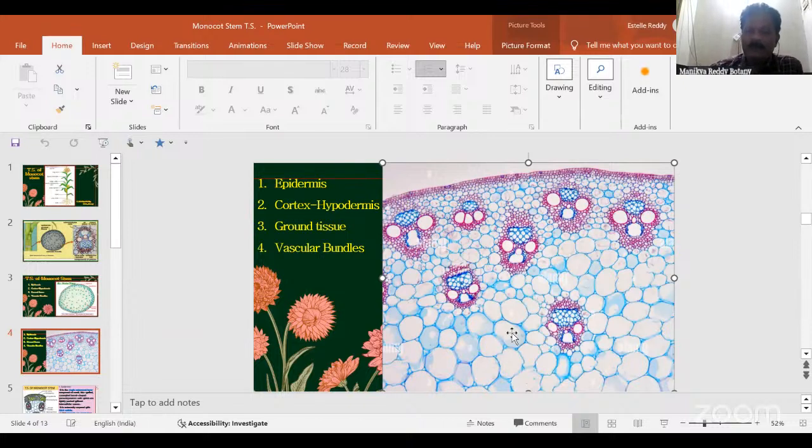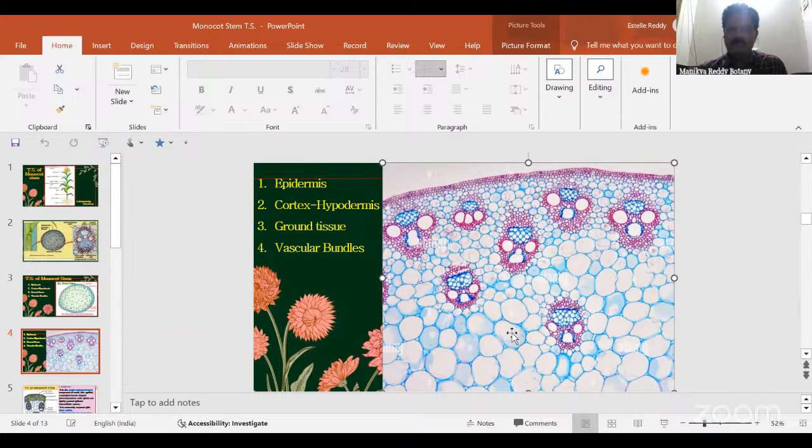And each vascular bundle is enclosed with a sclerenchymatous bundle sheath. The presence of sclerenchymatous bundle sheath is the key identification feature of monocot stem.